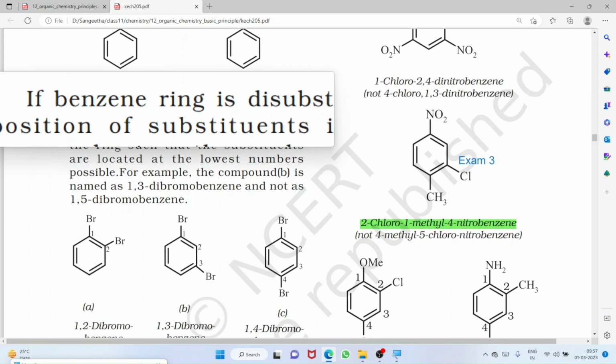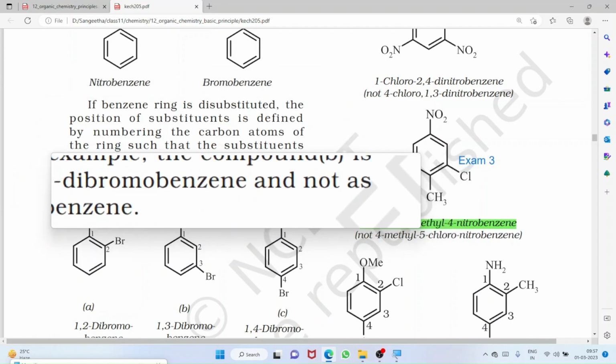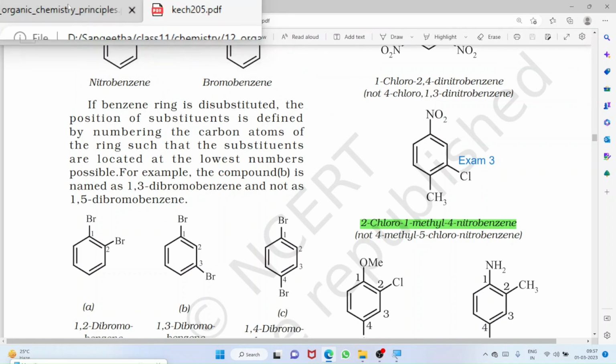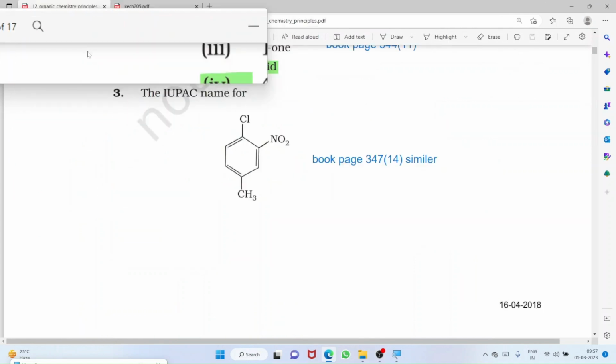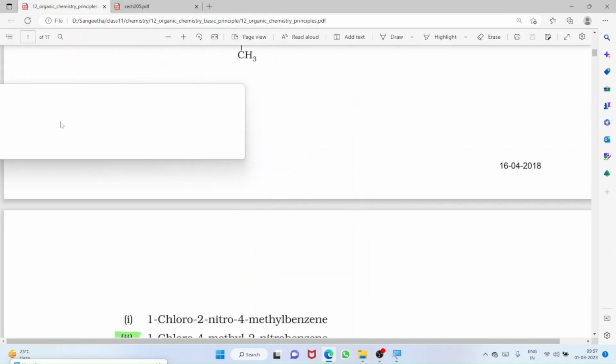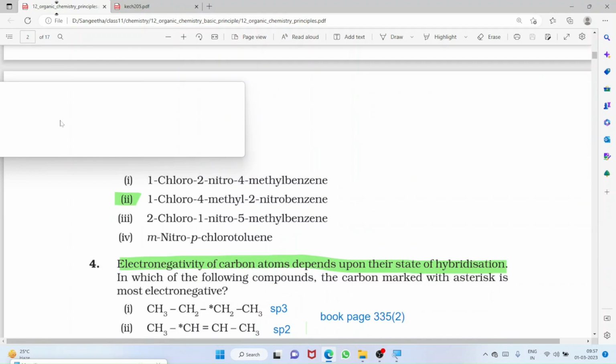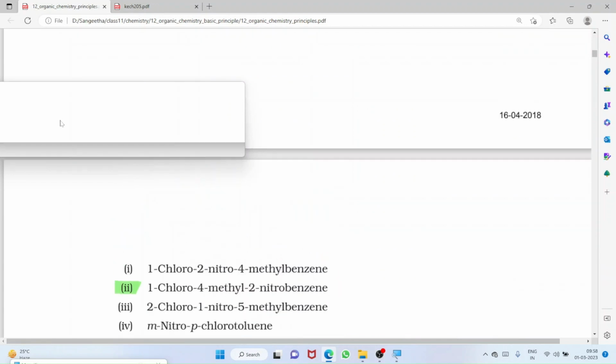So they named this like this. So you have to use this same procedure to name this compound. Okay. So based on this, this is the correct one: 1 chloro, 4 methyl, 2 nitrobenzene. Okay.